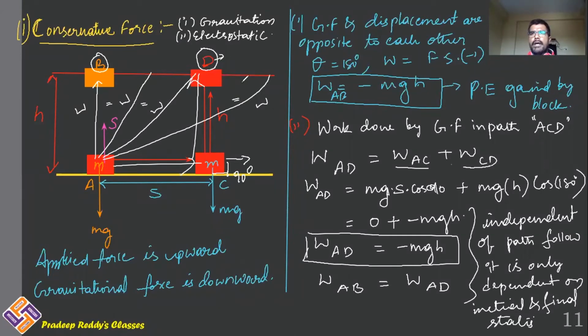It is independent of the path followed. How you are bringing that object to the final position, we do not take care. We are only concerned with where the body is starting and what the final state of the body is. So it only depends upon the states of the body. Such work done by those forces is said to be work done by conservative forces.